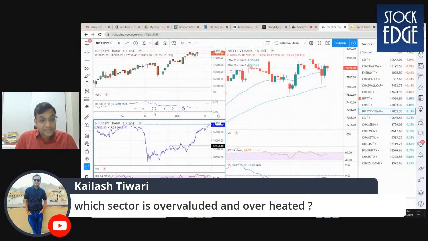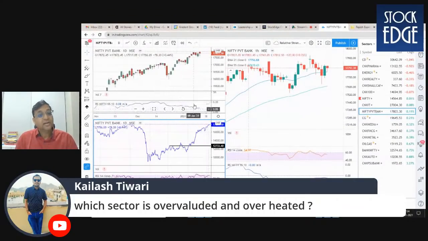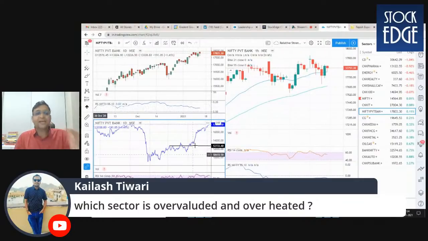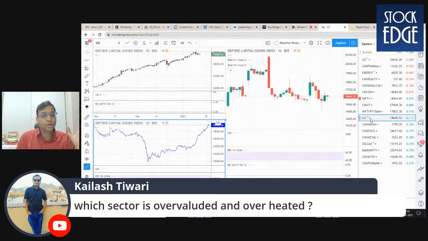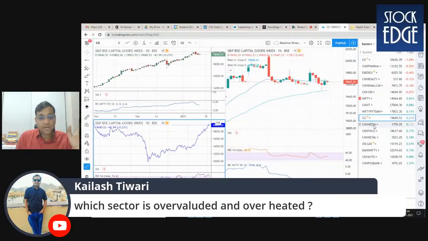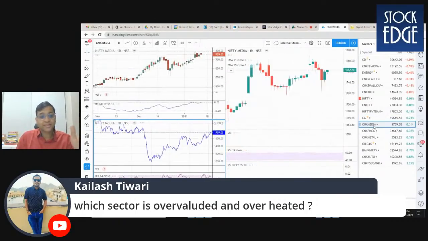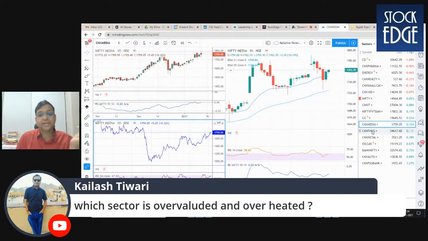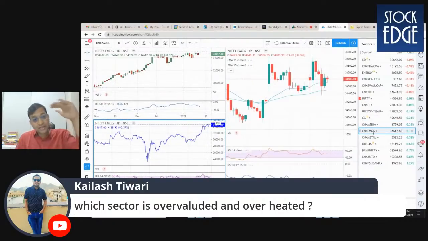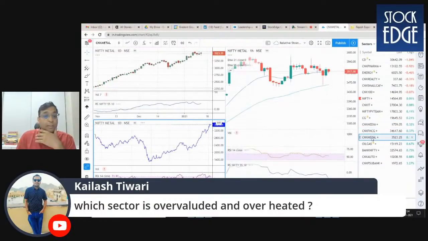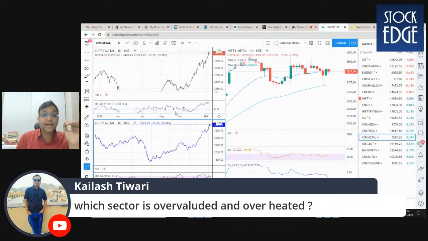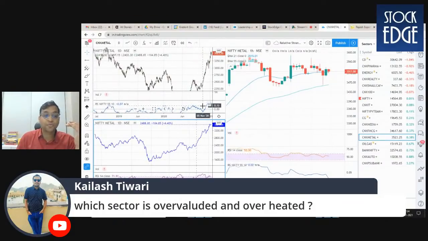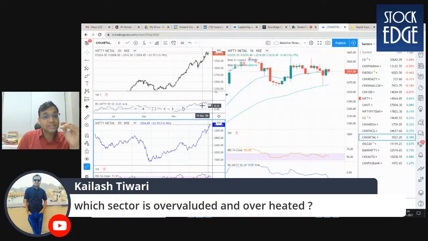Private banks, yes, they went up crazily. Now they are correcting vis-a-vis Nifty. Again, not an obnoxious level. Consumer goods, a bit they are correcting. Media, they have just started the rally. FMCG, they are already in correction mode. Metal, yes, you can say metals have really outperformed and they could see some correction.